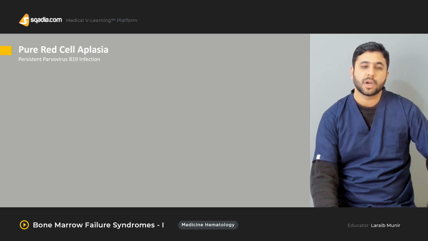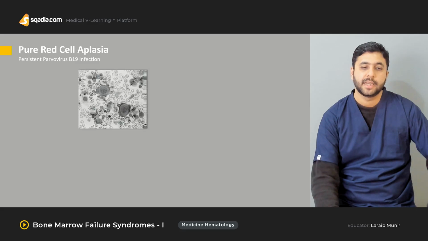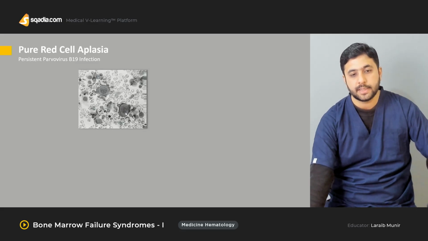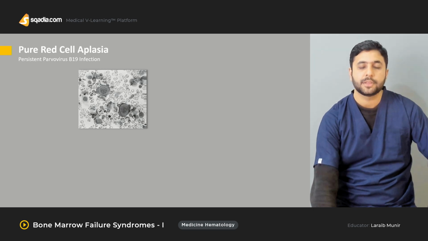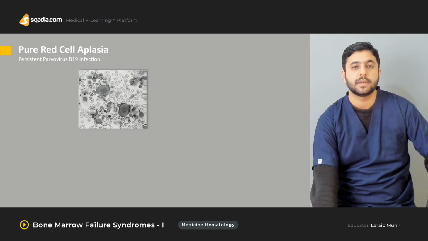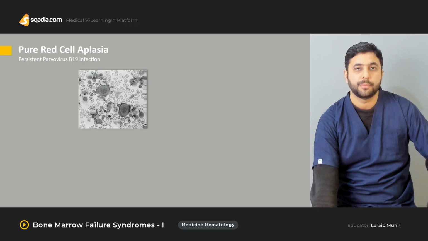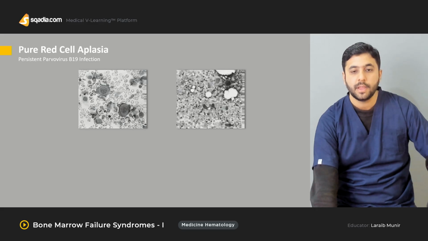One important thing to talk about is when we have a persistent parvovirus B19 infection, then there are certain cells like the pronormoblasts. As you can see, these large enlarged cells are the pronormoblasts. These are pathognomonic of this persistent B19 infection, and they will be present in the bone marrow smear.